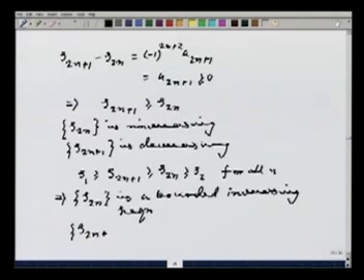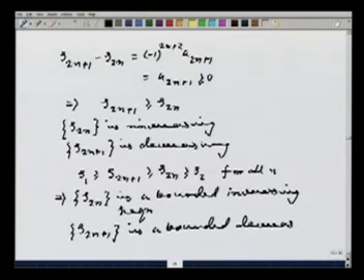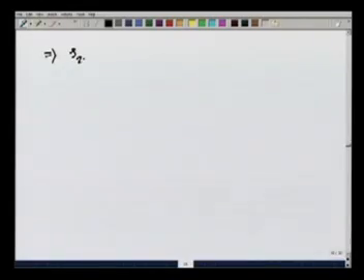Similarly, S2n plus 1 is a bounded decreasing sequence. But we know that every bounded increasing sequence or every bounded decreasing sequence converges to some number. Using that, S2n converges to some number s, and S2n plus 1 converges to some number s prime, let us say, because these are bounded increasing and decreasing sequences.